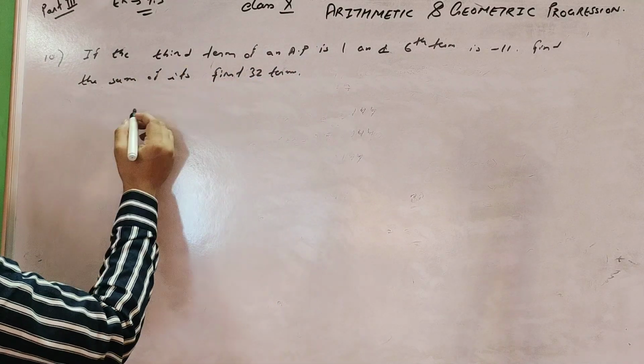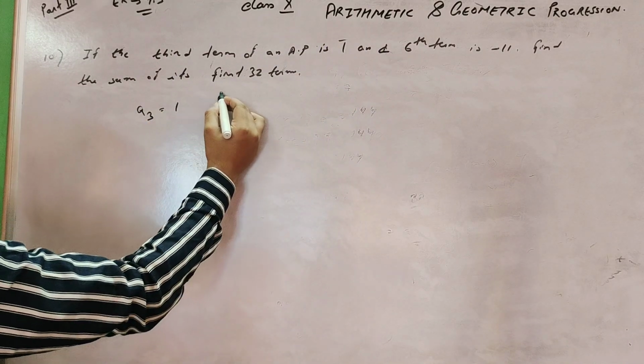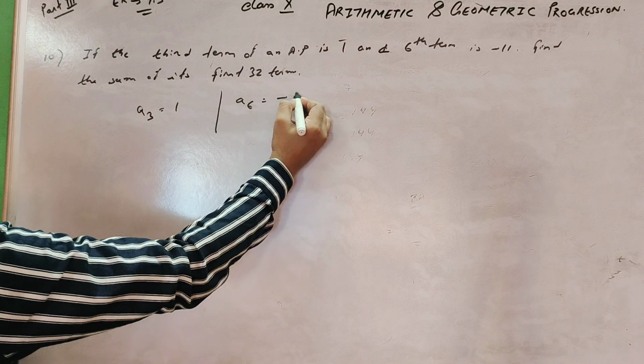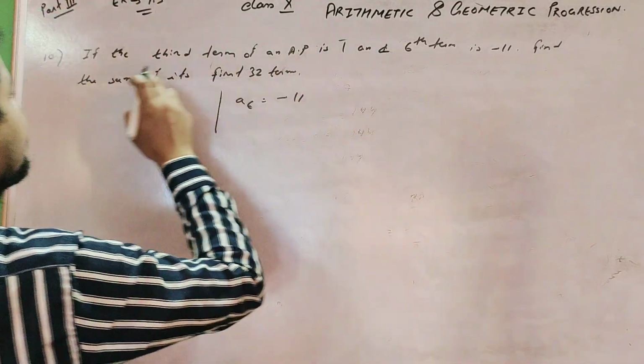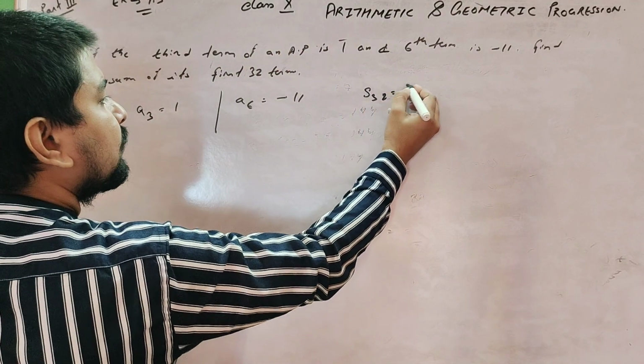If the third term of an AP is 1, that is a3 is 1, and the sixth term is minus 11, find the sum of its 32 terms, that means S32, find out.